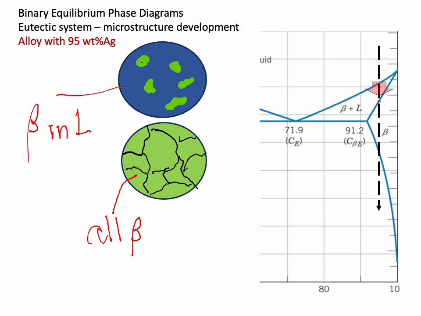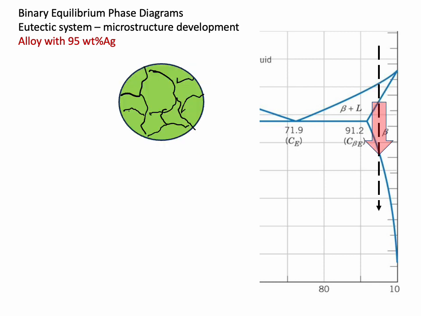So once I cross this solidus line, I should have all beta like this with just grain boundaries. And it'll be just like that throughout the beta region. So nothing really changes. I just have beta as I go from this solidus line to this solidus line.